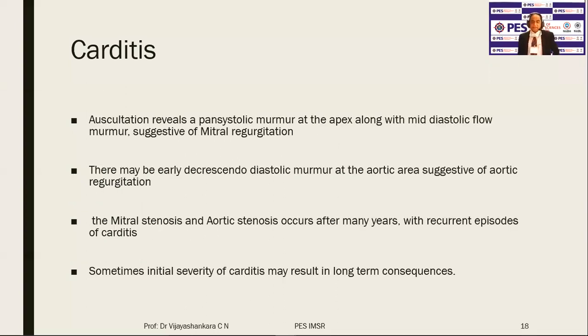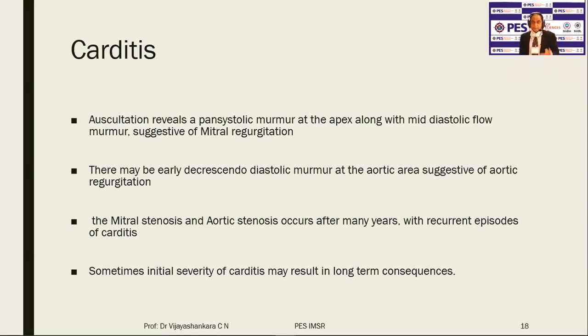Auscultation reveals a pansystolic murmur at the apex along with a mid-diastolic flow murmur, suggestive of mitral regurgitation. There may be an early decrescendo diastolic murmur at the aortic area, suggestive of aortic regurgitation. Mitral stenosis and aortic stenosis occur after many years with recurrent episodes of carditis. They are a consequence of recurrent acute rheumatic fever with carditis.